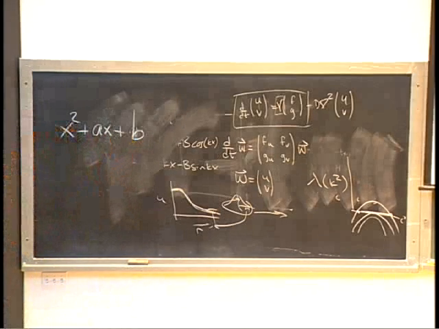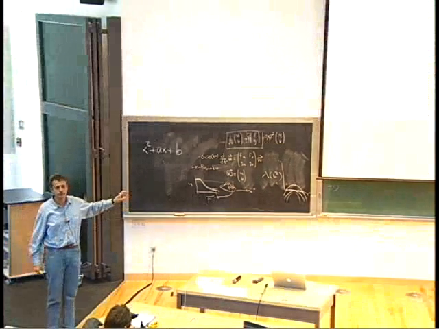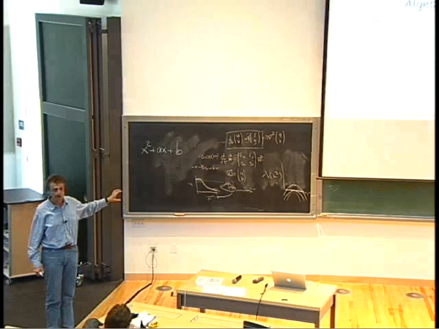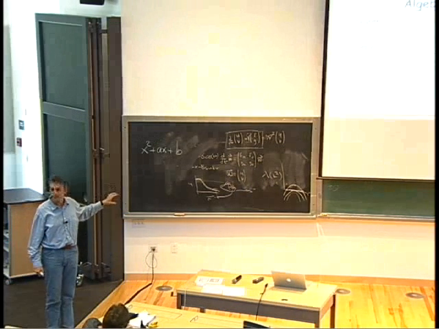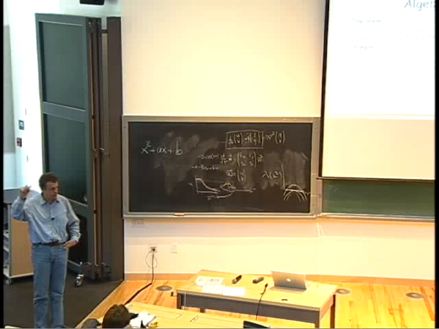So this has two roots, right? There's a formula that people memorize that expresses x in terms of a and b. But it says somewhere plus minus square root, right?